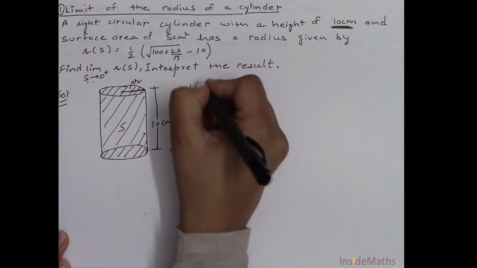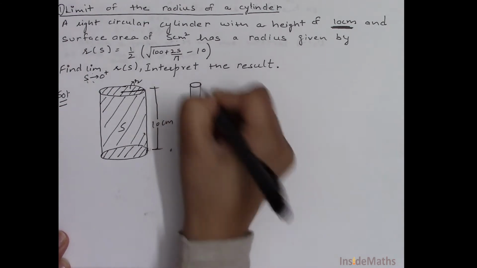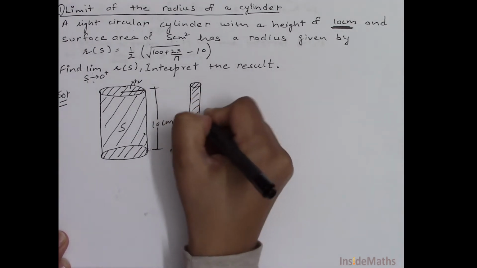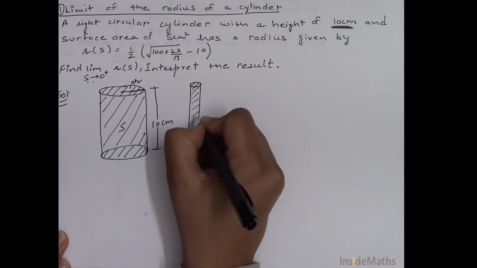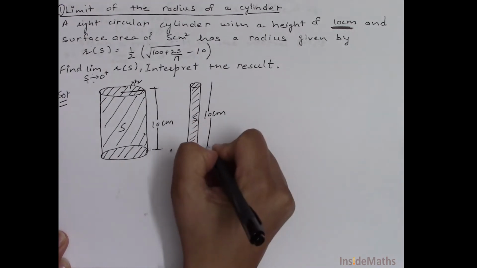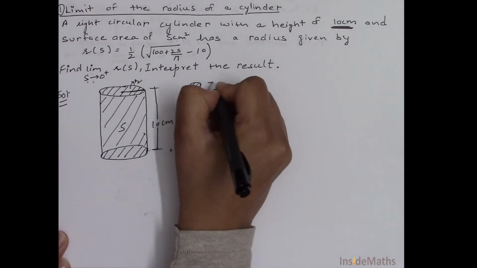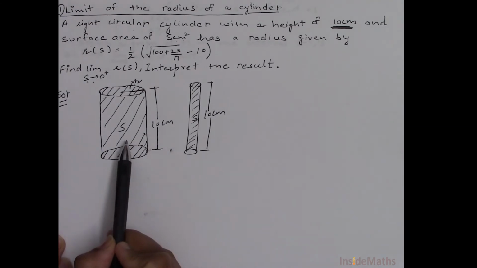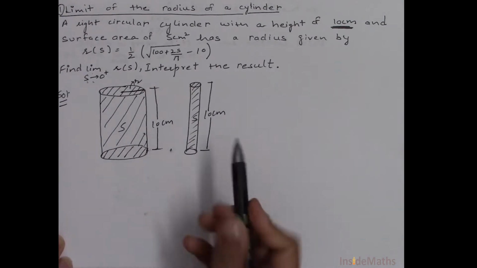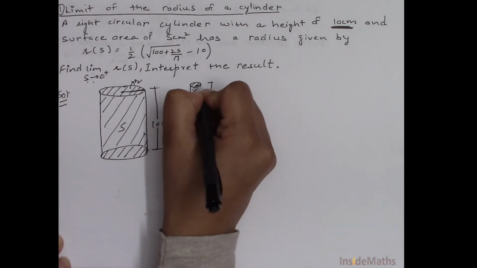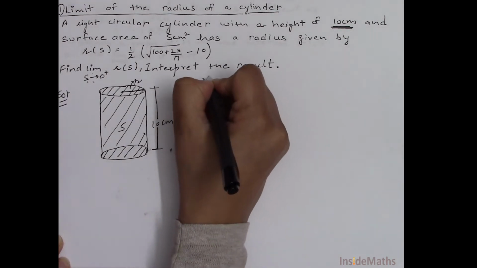Now if this is the surface area, now because height is 10 centimeter constant, so it will stay same even if the surface area is getting smaller. Now here we see, if the surface area is getting smaller, the radius is also getting smaller.